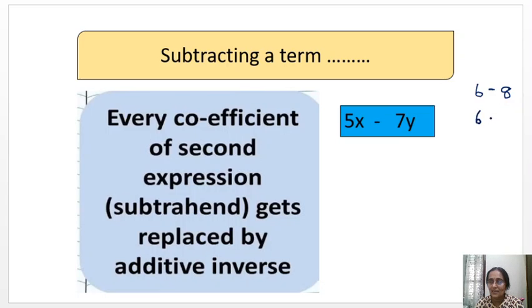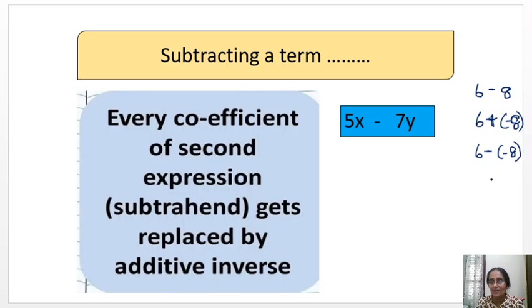Subtraction is the opposite of addition, right? Change the minus sign to plus sign, then you have to add the additive inverse of the subtrahend. You have to change the sign. Suppose the sum is 6 minus 8.